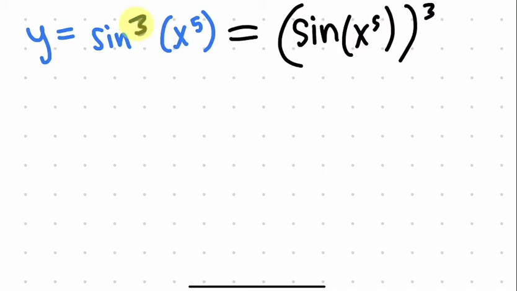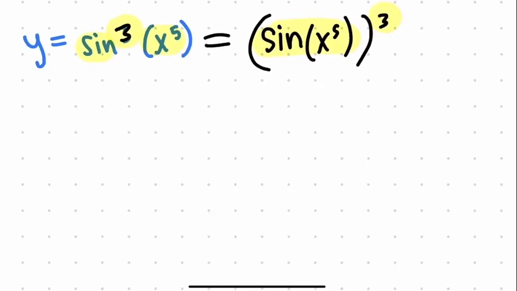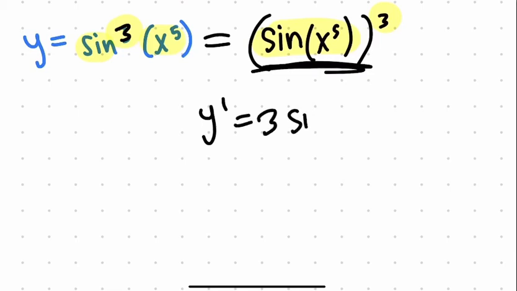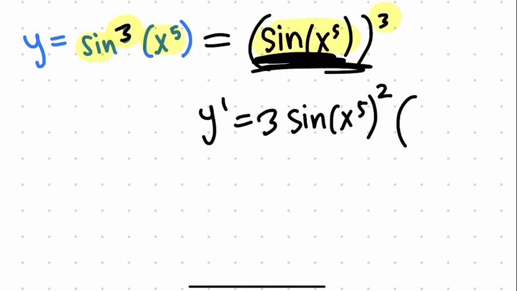So we're going to bring this exponent out here and multiply this whole thing. Okay? So you guys should really remember that. So the derivative of this is going to be, you bring the exponent out, you keep this function the same, and then you subtract this exponent by 1, so 3 minus 1 is 2, and then you take the derivative of this inside, right?